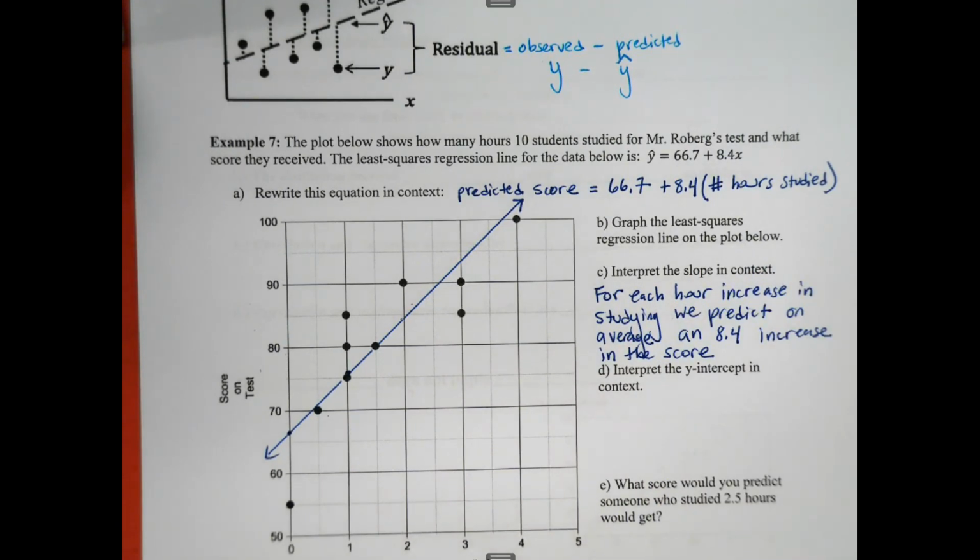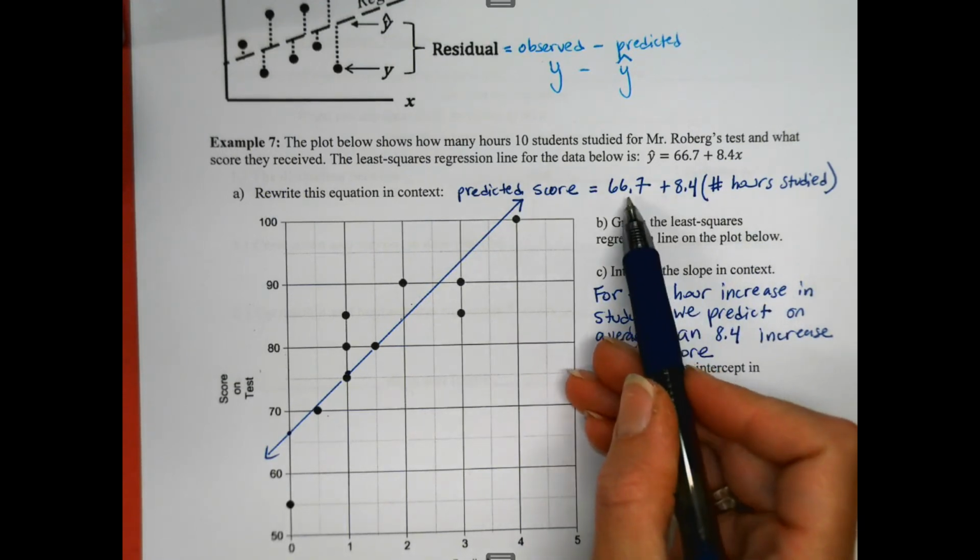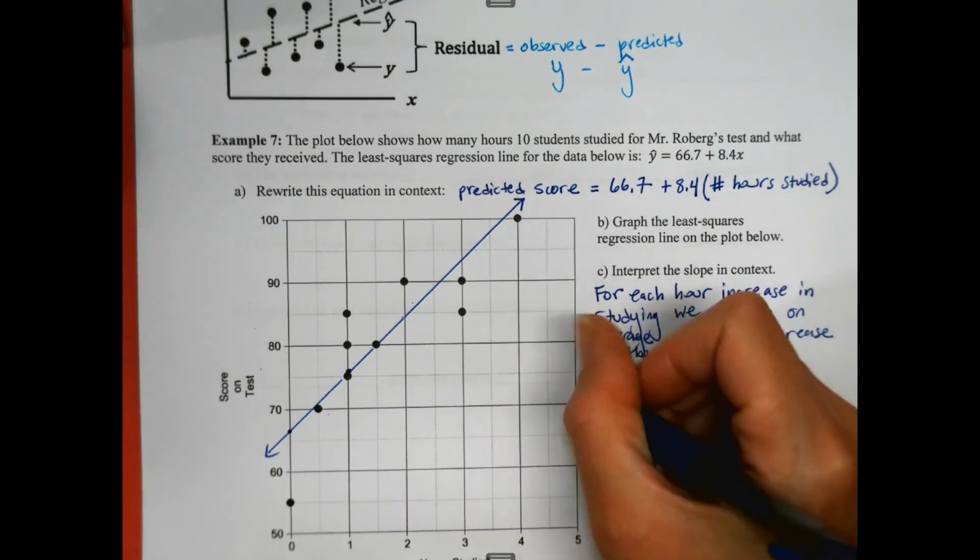Part D says to interpret the y-intercept in context. Our y-intercept, or where we are starting, is what happens when our x value, or our explanatory variable, is 0. So if we don't study at all, our predicted score is a 66.7.